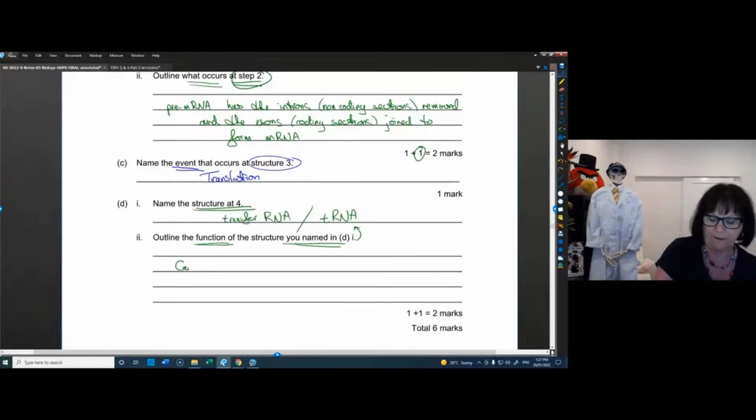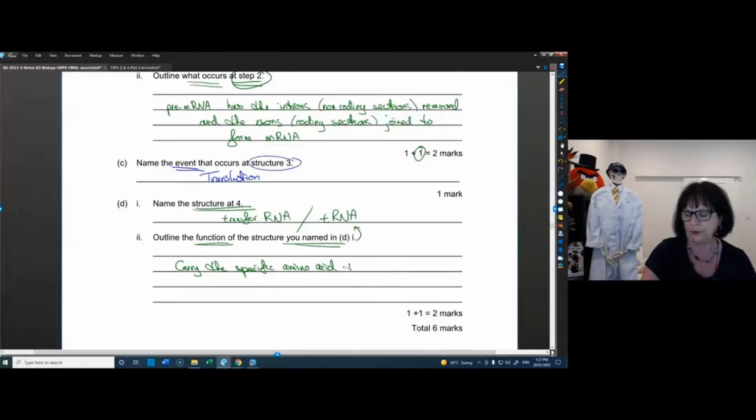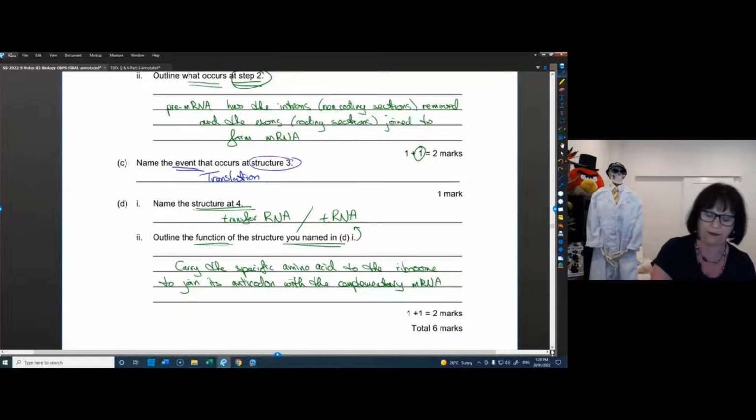So it's going to carry the specific, that's a very important word, amino acid to the ribosome to join its anticodon with the complementary mRNA codon.